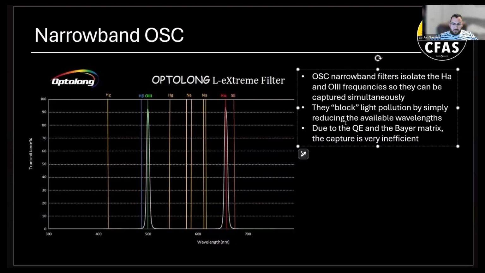But again, due to the quantum efficiency matrix we talked about, it's kind of an inefficient way. But because hydrogen alpha is so abundant, when you use these filters you'll get a really good image because most of what's out there is red. So it can be worthwhile if you're using an OSC.